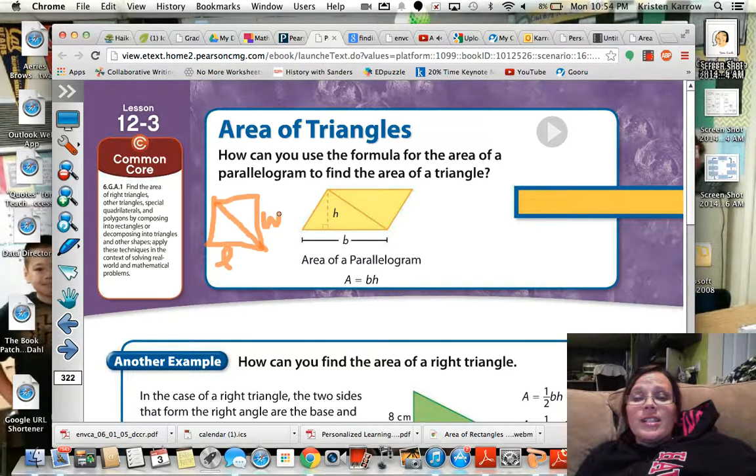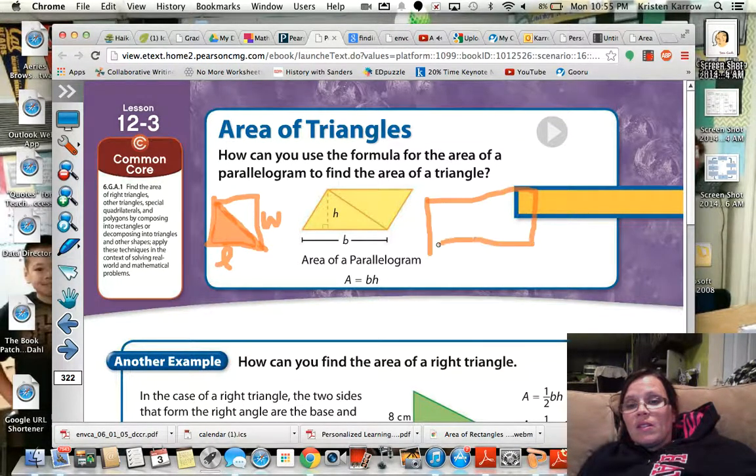And we can use this same knowledge to help us if we're only trying to find the area of one triangle, knowing that 2 triangles make up a square, or 2 triangles make up a rectangle.